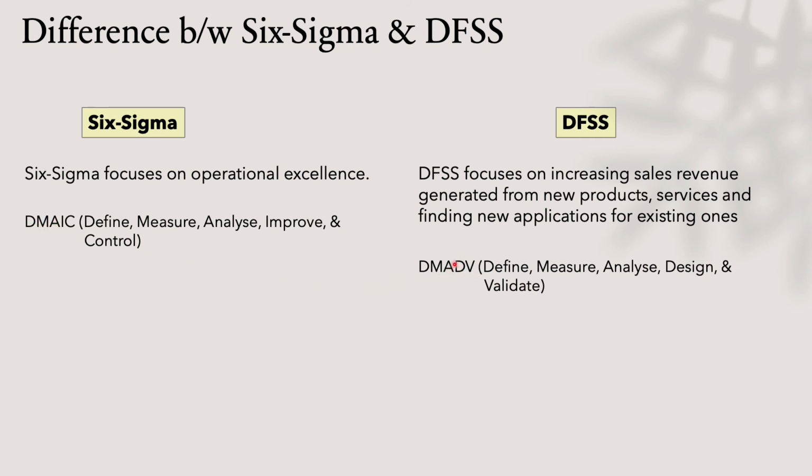The modification is in the last two steps, which are now D and V. So define, measure, analyze, then D is design, and V is validate. So the major tool used for Six Sigma is DMAIC, and the major tool used for DFSS, which is related to DMAIC, is DMADV. So that's all about Six Sigma.